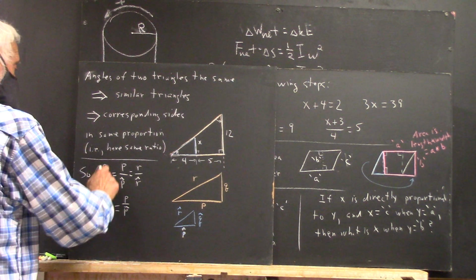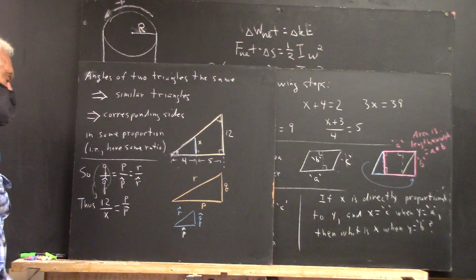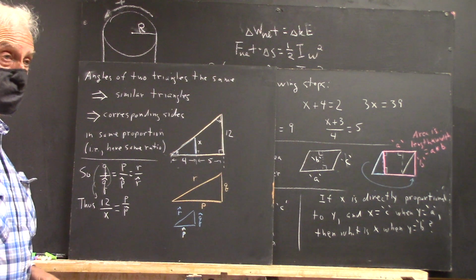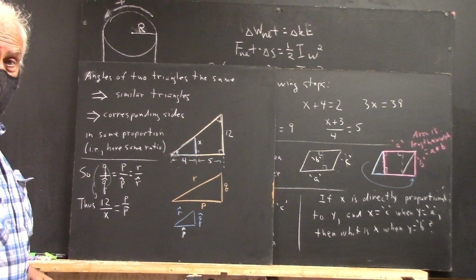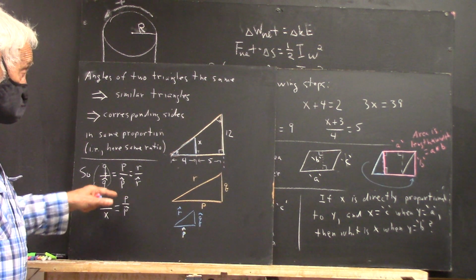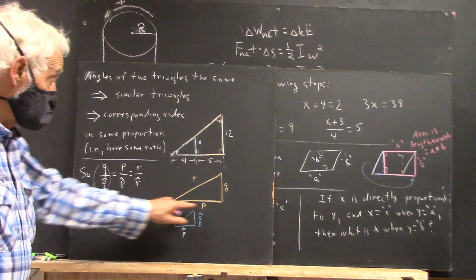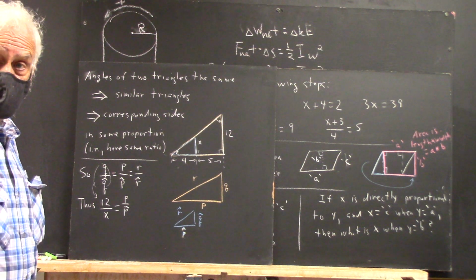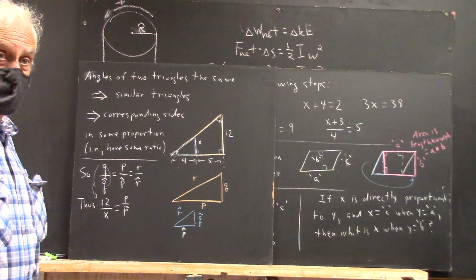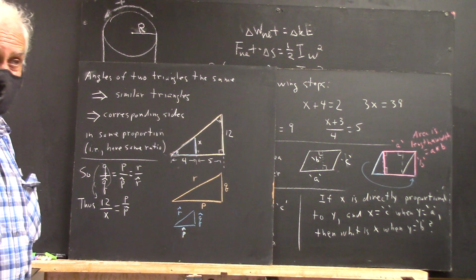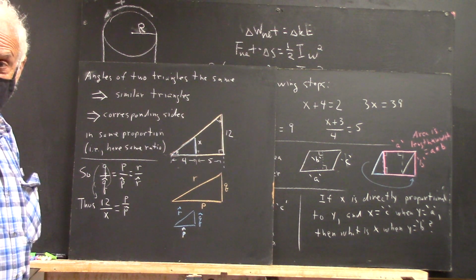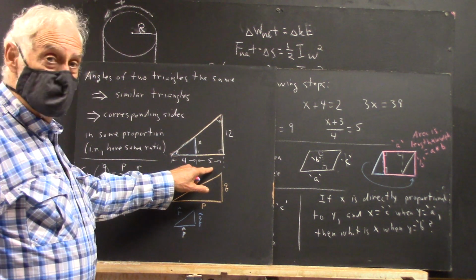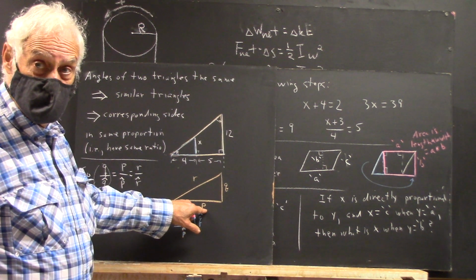So Q over Q hat is your 12 over x. Well, what's P? Anybody show me with their fingers? How many fingers you need to do P? P is this side. So at least one person has enough fingers. I think most of you have enough fingers. Well, this is 4 and this is 5. That adds up to 9. P is 9, right?